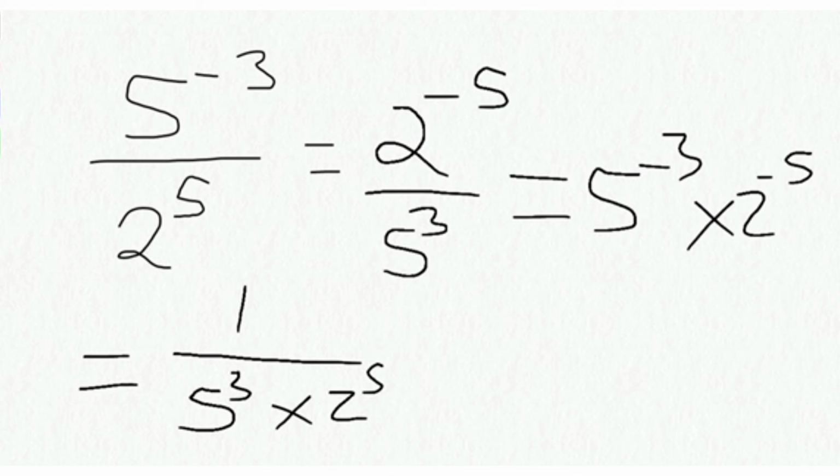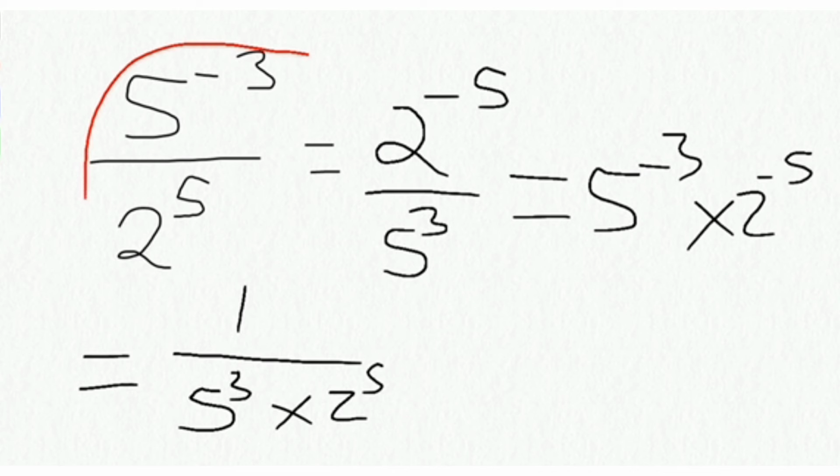Note that we wrote 2 to power negative 5 because it crossed the division line and it was 2 to power positive 5, so the sign changed to a negative sign. We wrote 5 cubed here because it crossed the division line and it was 5 to power negative 3.